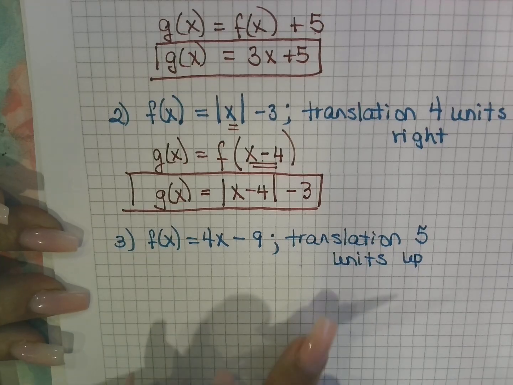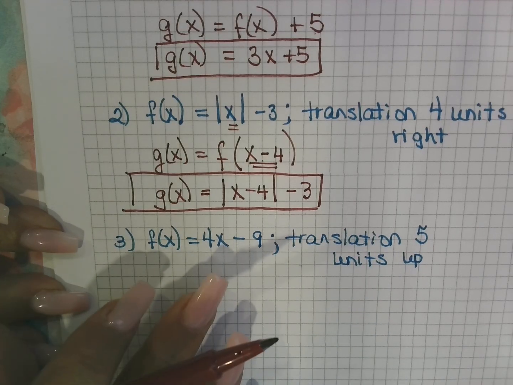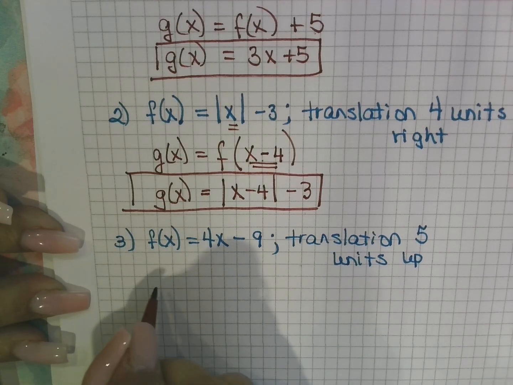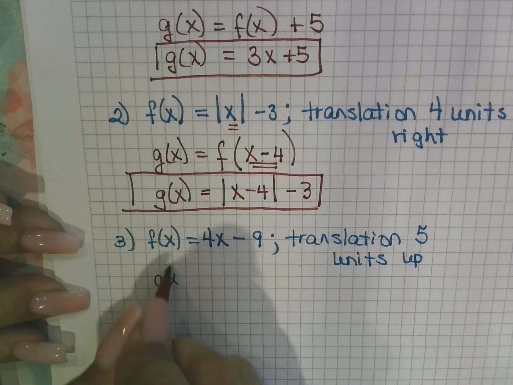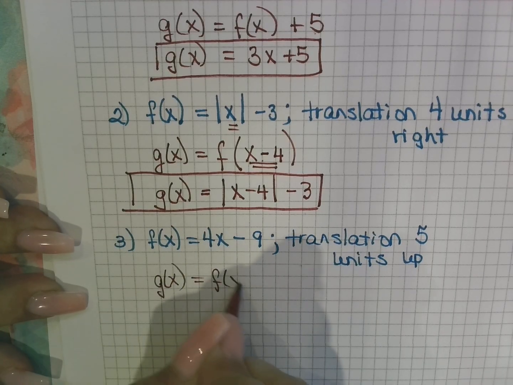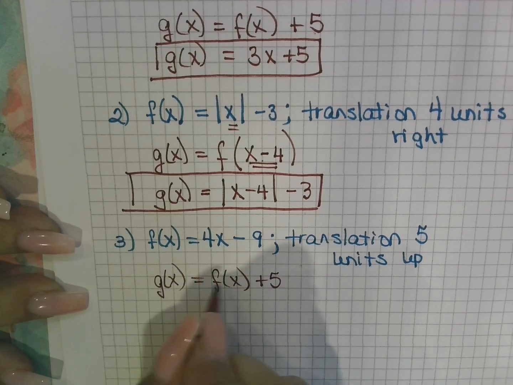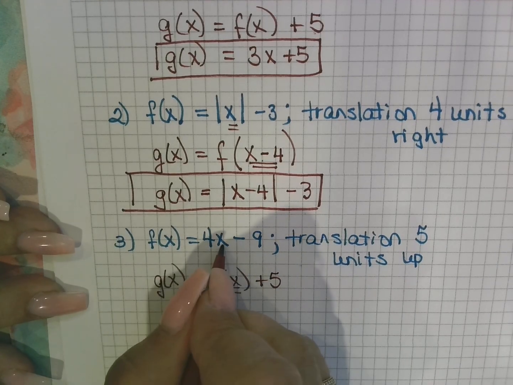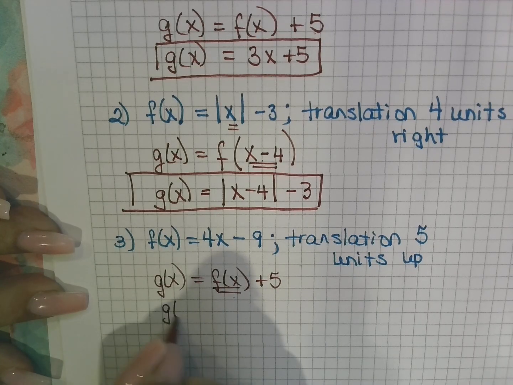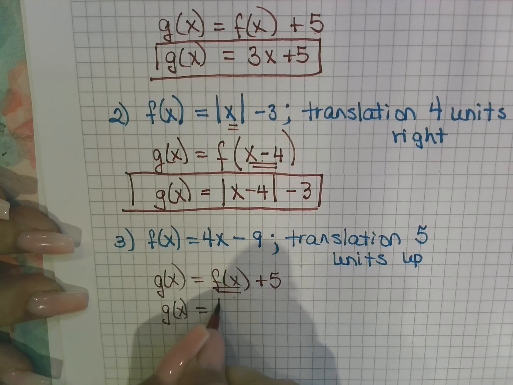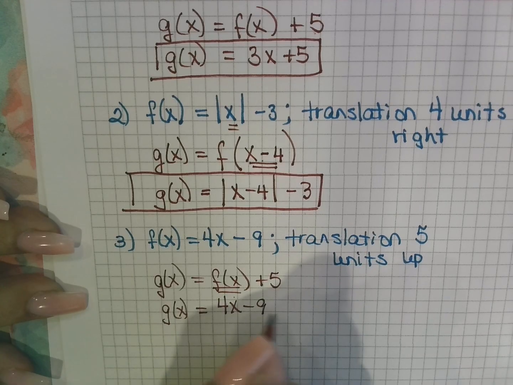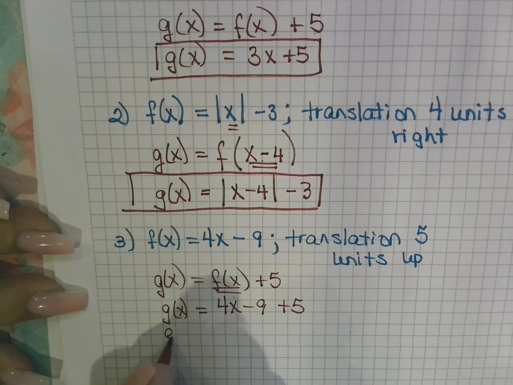Now up and down, remember, is vertical, and that takes place outside the function. So my g of x is just f of x plus 5. I'm going to substitute what f of x is over here. So g of x is just 4x minus 9 plus 5, and then simplify: 4x minus 4.